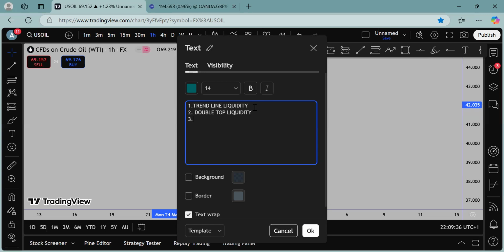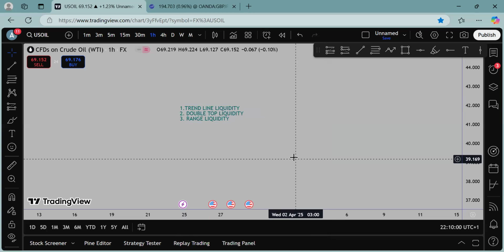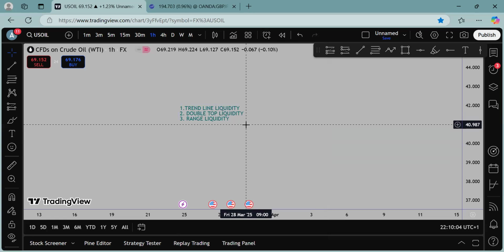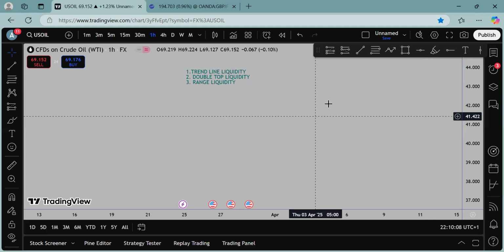It can be double bottom, like what you guys call W and M. So the liquidity is resting on both sides. Then we have the, what's it called now? The range liquidity. I think I showed you an example of this in the group, but we'll still do it here. So these are the different types of liquidity that we have in the market. I'm going to show you guys now what they all mean.